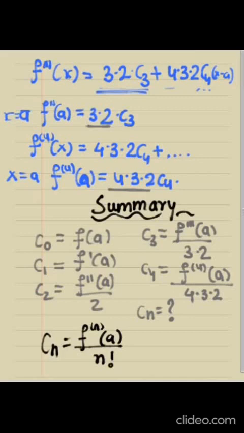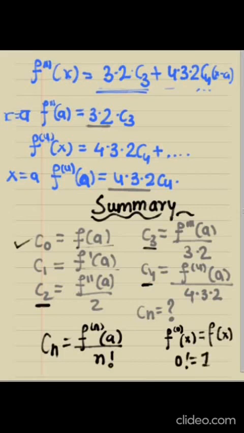Since we have 1 in the denominator here, 2 factorial for C2, 3 factorial here, 4 factorial here, and so on. And this works for all values of n, because f zeroth derivative of x is just f of x, and 0 factorial is 1. So this works perfectly for C0 as well.